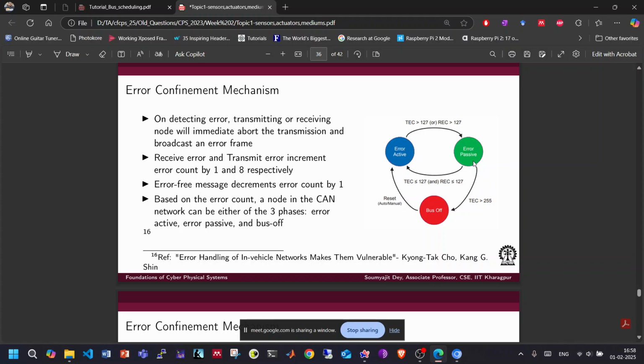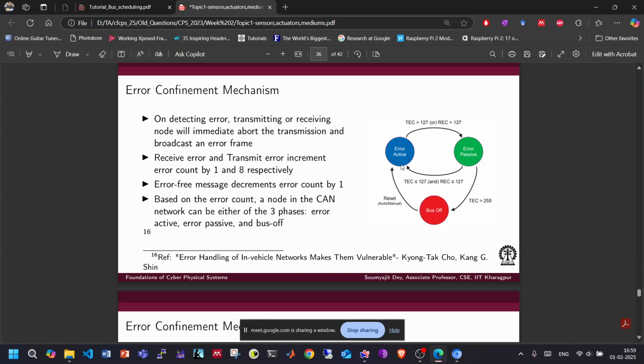So why are these 2 modes there? Error active mode flags you that there is some error, you need to figure it out now. If you are able to figure it out during the error active mode, fine. Otherwise it keeps on increasing. If transmission errors are causing this, then obviously the error counter will increase by 8, and you will reach 127 or 128 after 16 transmission errors.